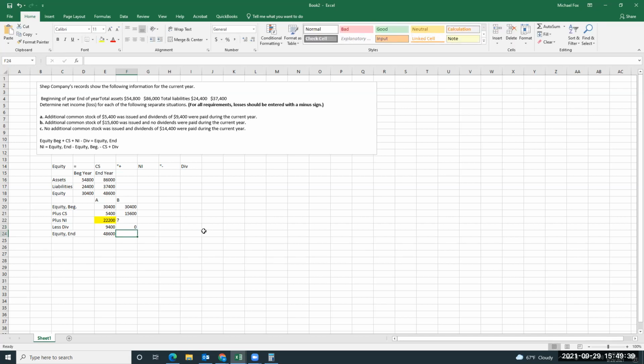And our equity at the end of the year was 48,600. So again, we solve for net income by doing equity at the end minus equity at the beginning, minus the change to common stock, plus the dividend, which in this case is 0. That gives me a net income for the year of 2,600.